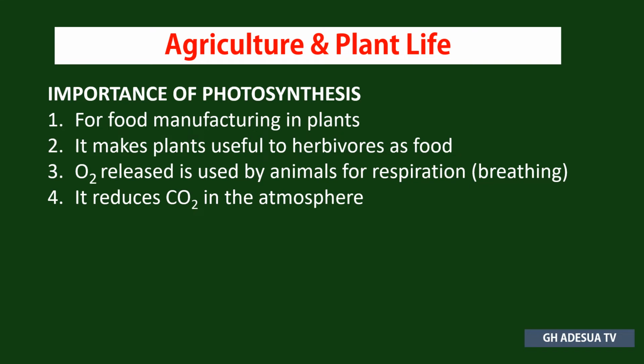If we continue this way without plants, we will not survive. When we exhale, plants use the carbon dioxide for photosynthesis. That's why it's always good for us to work towards afforestation, or plant trees here and there. It helps reduce the carbon dioxide in the atmosphere.